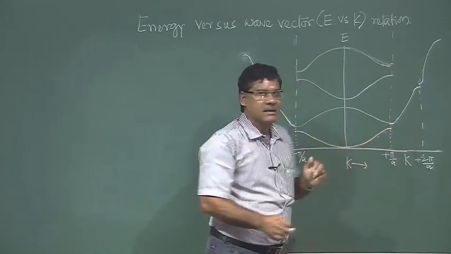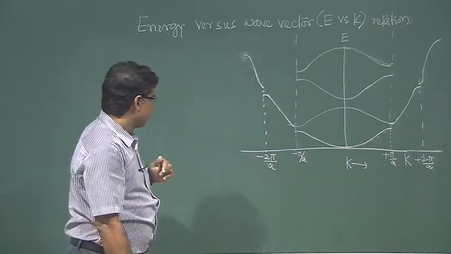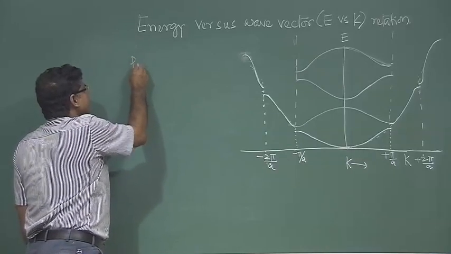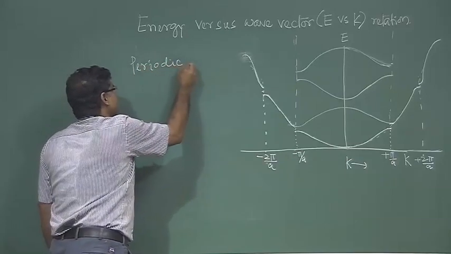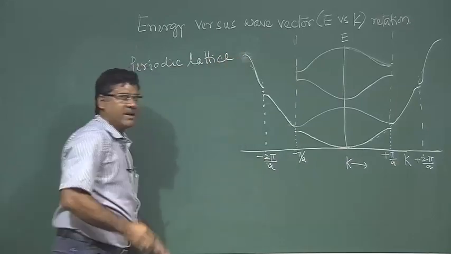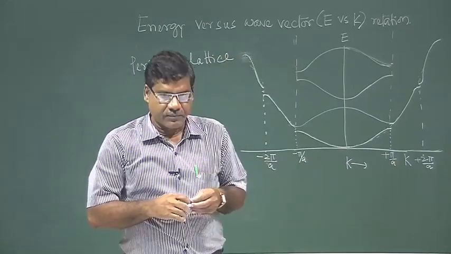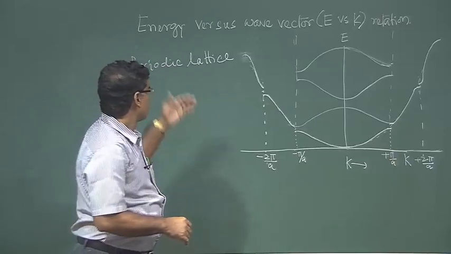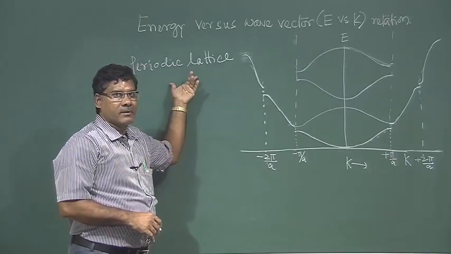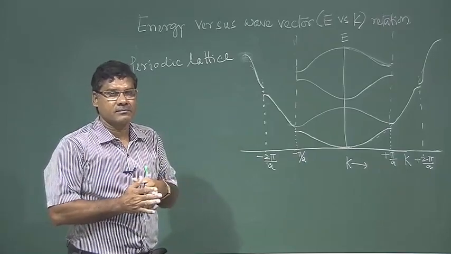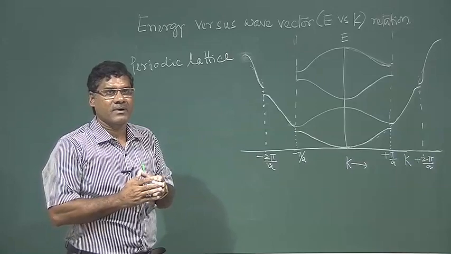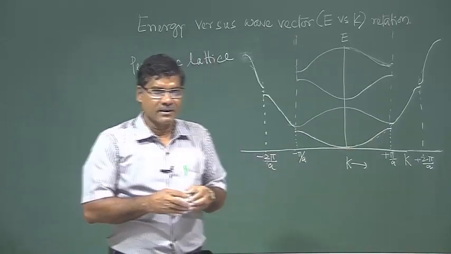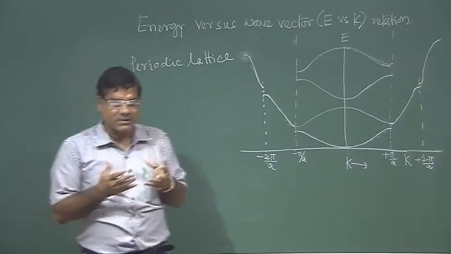Now, you remember that we considered a crystal or periodic lattice of infinite dimension, right, using the Kronig-Penney model, considering the periodic potential of a lattice or of a crystal. There we considered that the lattice is of infinite dimension. Okay. There was no restriction, the crystal was not of finite size.